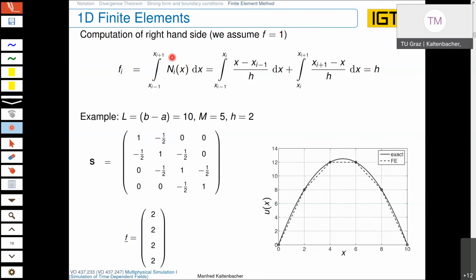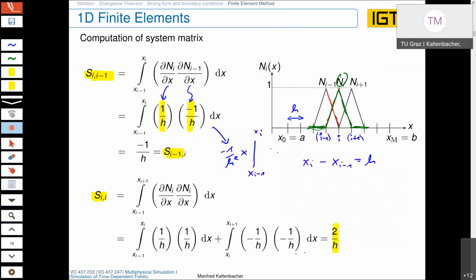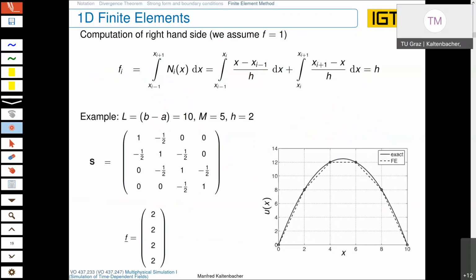Then you just have to integrate the basis function for an entry at position i of the right-hand side from x_{i-1} to x_{i+1}, because for this domain, as we have seen for the green part here, the basis function has a value different from 0. If you evaluate it, you get a very simple value at the end, which is equal to h.